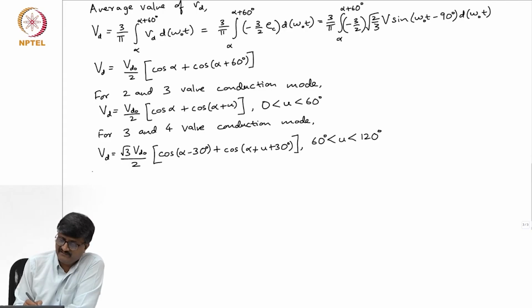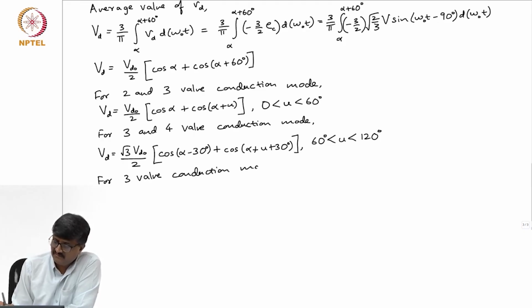And just now we derived for the 3-valve conduction mode, we got Vd equal to Vdo by 2 cos alpha plus cos alpha plus 60 degrees.